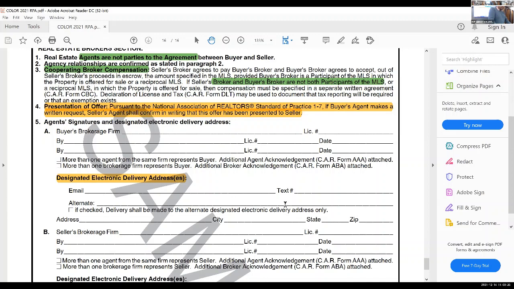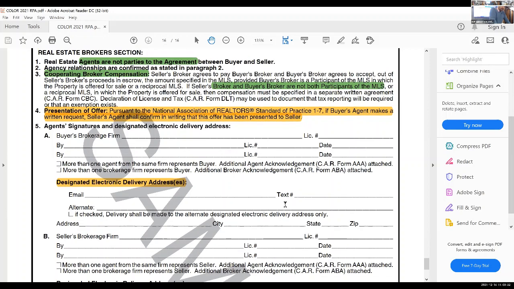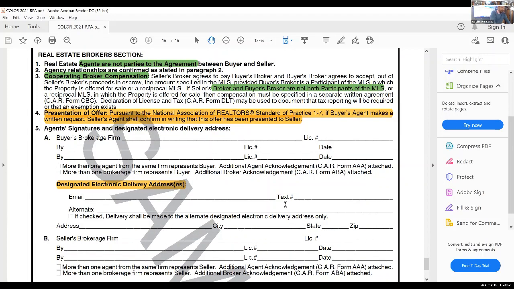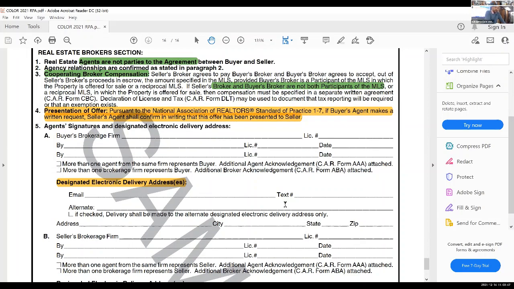You make a separate written agreement. And again, just because the buyer and seller initialed the arbitration mediation clause does not mean you're covered for the arbitration mediation clause. If you want to be covered with arbitration between you and your client, there is a separate arbitration agreement that you can sign.